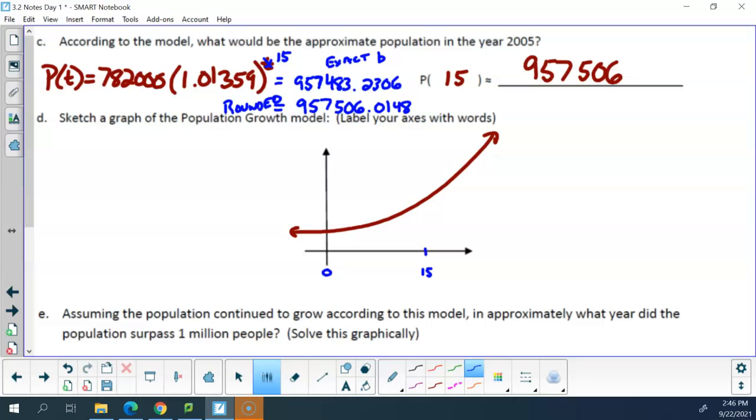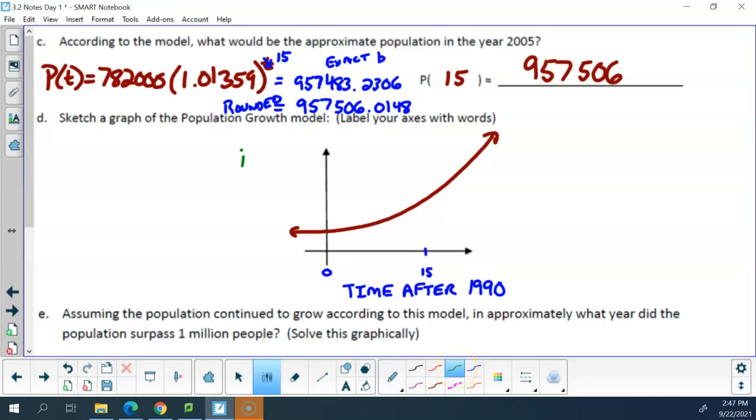And that would be time after 1990. That would be an applicable label down there. Time is not enough because our year 0 was 1990. We have to put that somewhere in there.